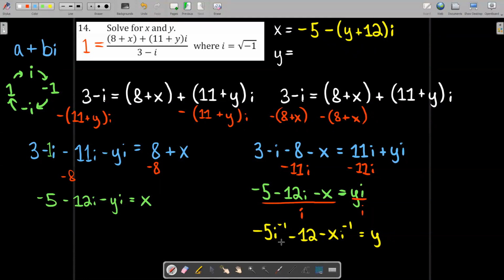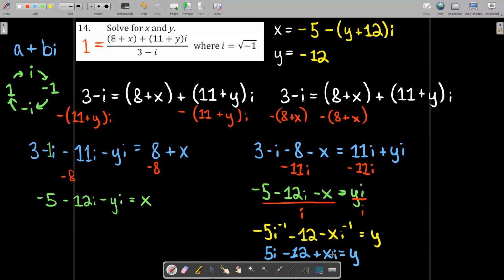So this is going to become positive 5i, okay, minus 12. This will become positive x, and that's equal to y. And then I just have to put this into, sorry, forgot my i. I just have to put this into complex number form. That's going to be the negative 12 is my real number.